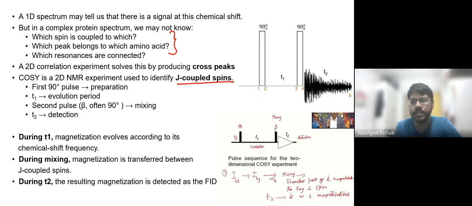And now after the mixing time, a part of the K magnetization can be transferred to the L spin. So now in t2, we will get both K and L magnetization.